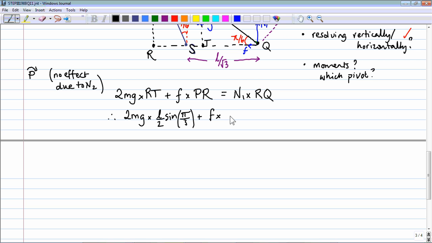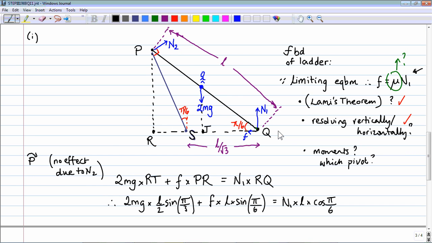F times PR, PR is L times sine pi over 6, and then RQ is L times cos pi over 6. Yeah, so RQ is just L cos pi over 6.